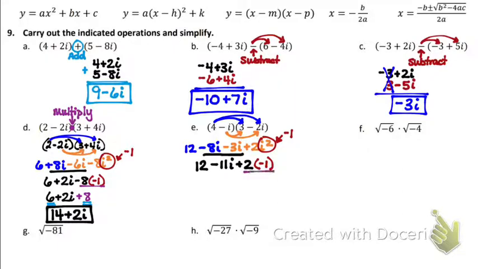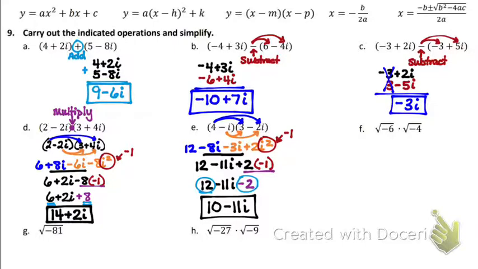What is 2 times negative 1? Negative 2. So 12 minus 11i minus 2. And now I see I've got these two like terms to still combine. What do I get when I combine the 12 and the negative 2? 10. 10 minus 11i. 3 pieces left to go.